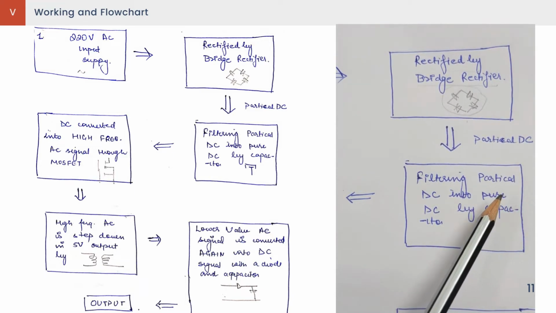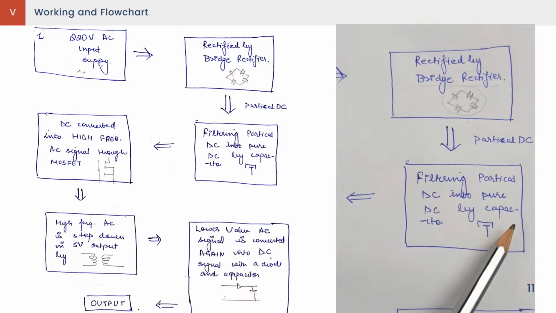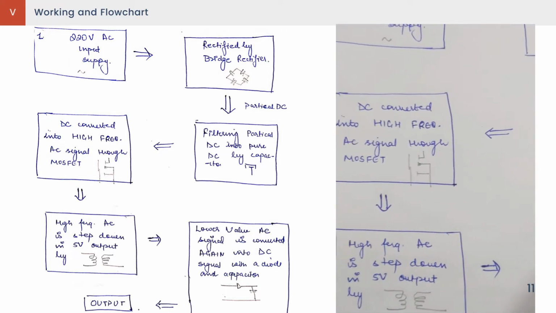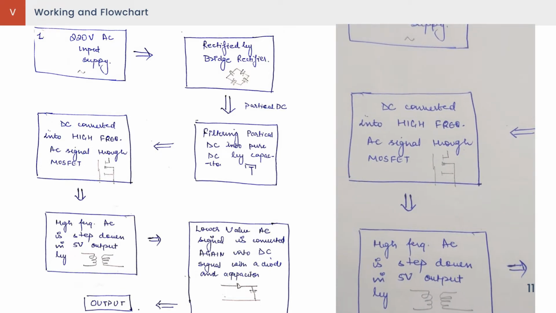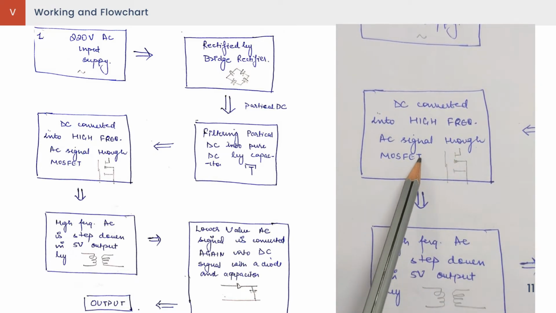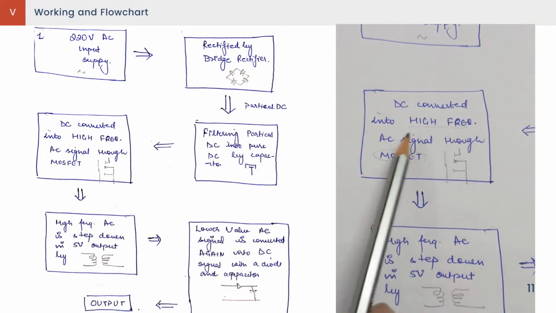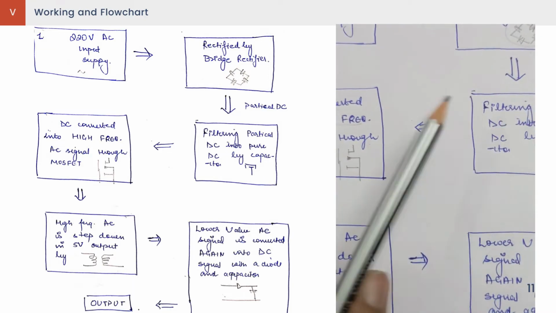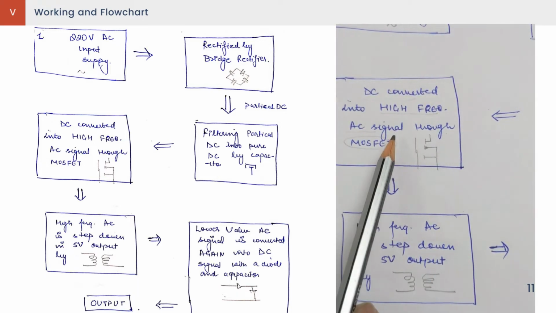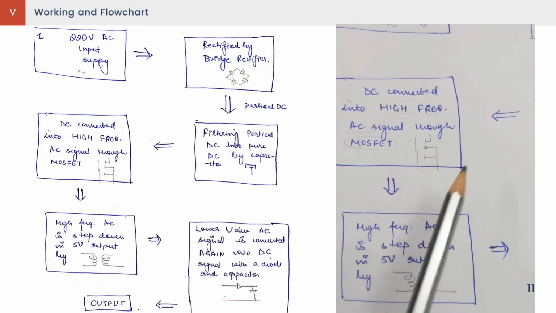That partial DC current is being filtered and made into pure DC by the capacitor, as we saw, those big capacitors in our circuit. Then this pure DC current is sent to the MOSFET. And what's the role of the MOSFET here? The MOSFET converts it into a high frequency AC signal. This is the symbol of the MOSFET.